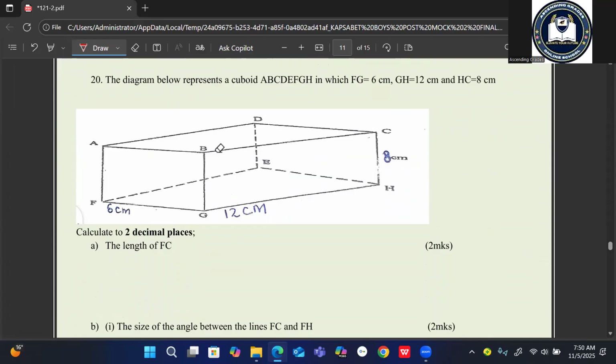Calculate to 2 decimal places the length of FC. So we are to calculate the length of FC. FC, we have it here.